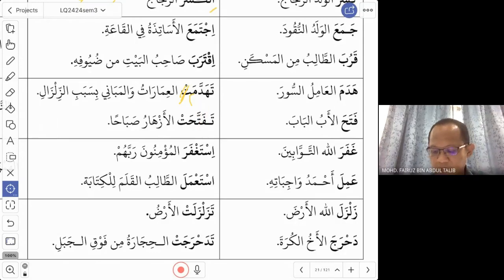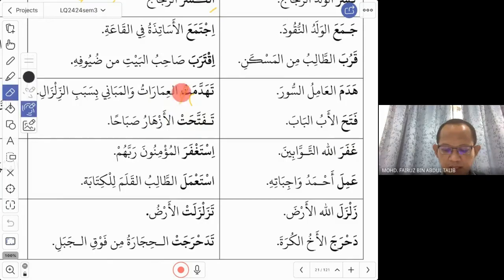The next example, fi'il fataha. Fataha, three letter fi'il, fi'il mujarrad. Fataha al-abu al-baba. Father opened the door. Now, the fi'il is changed to tafataha. Again, ignore the last ta. I go back to the previous example: this ta is there because it is used with a mu'annas word.